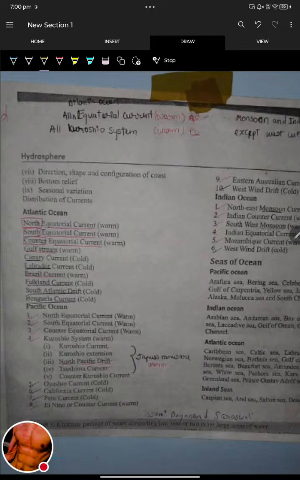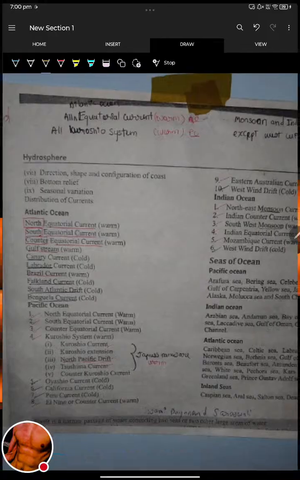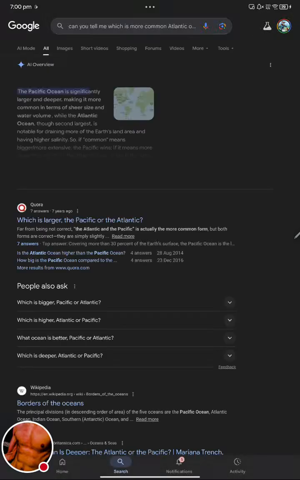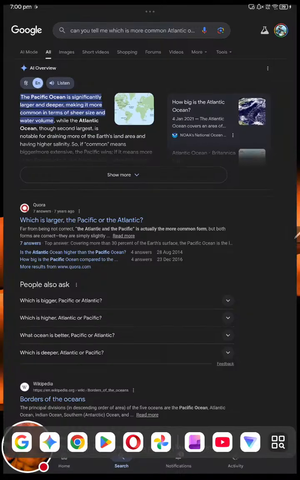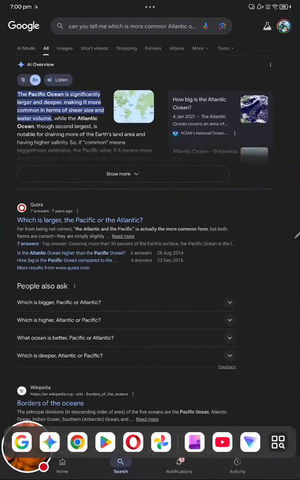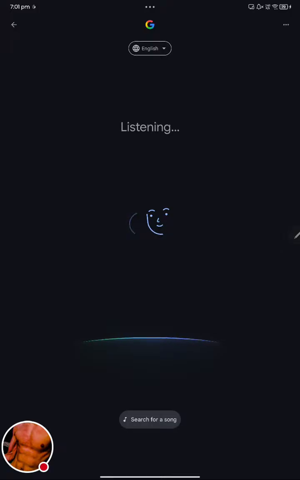So in the Atlantic Ocean, can you tell me which is calmer, Atlantic or Pacific? Which ocean is more violent, Atlantic or Pacific?